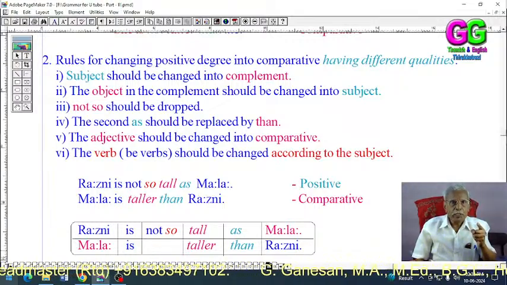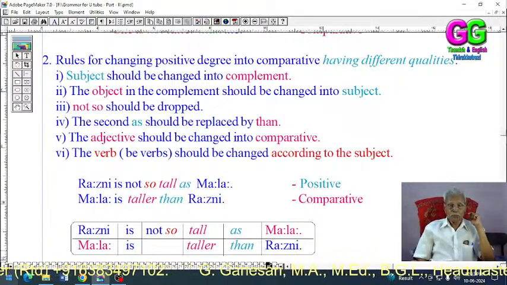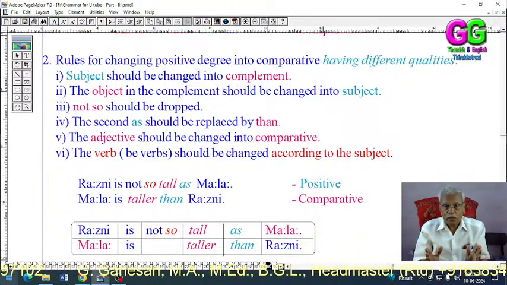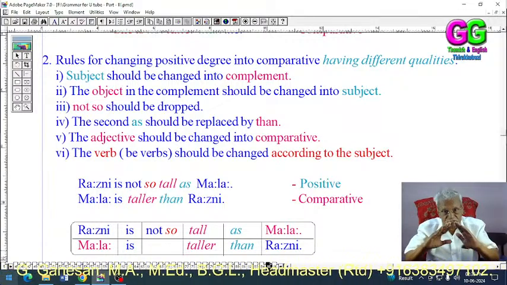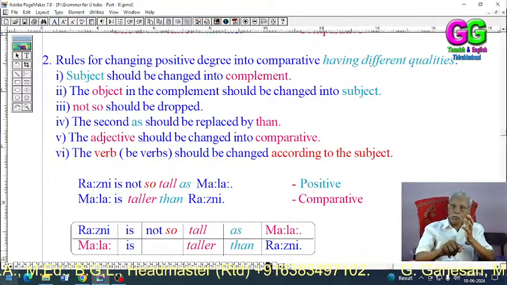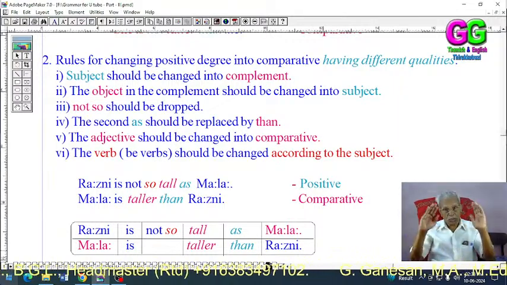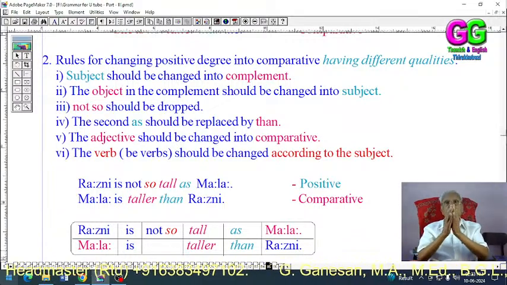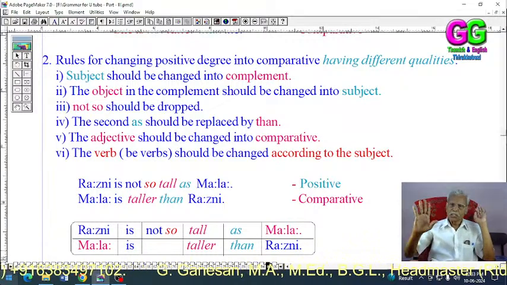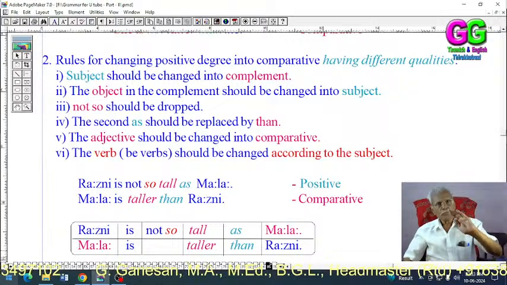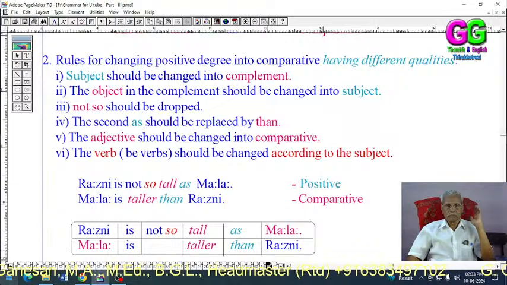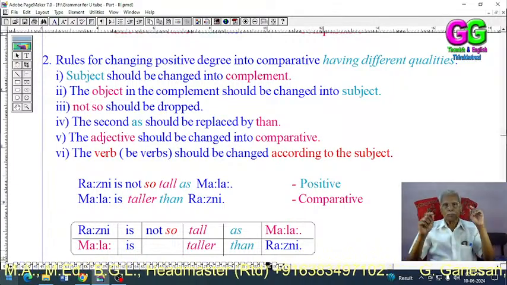Then rule 2: the rules to change from positive degree into comparative degree of things or persons having different qualities. What are the rules we have to follow? All the rules followed in the first example are also to be followed here.